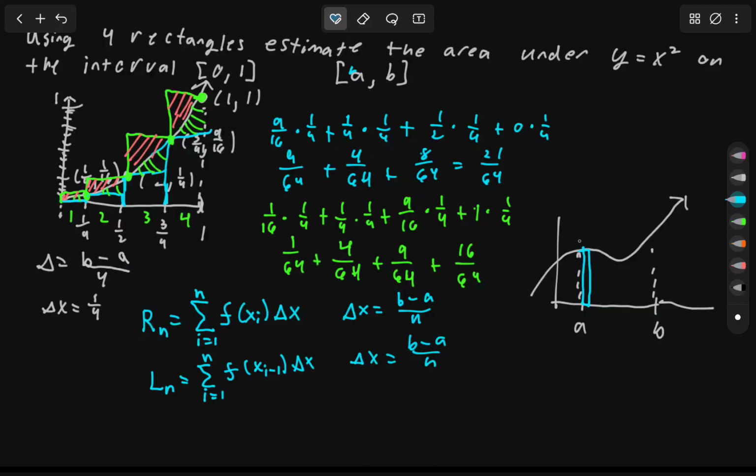Each of these rectangles is going to have a change in x of b minus a divided by the amount of rectangles. However, its height is correspondent, if we're using a left-hand sum, to this left endpoint, which just means that it's starting at A. If we are going to be using a right-hand sum, it has the same change in x, this b minus a, but now its height is going to start at b.